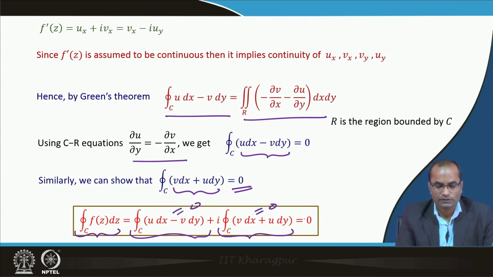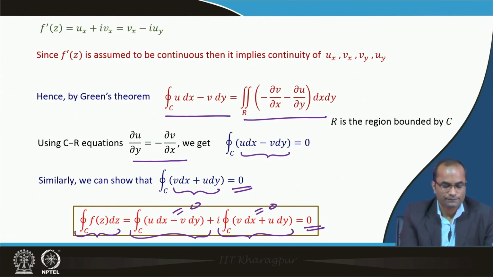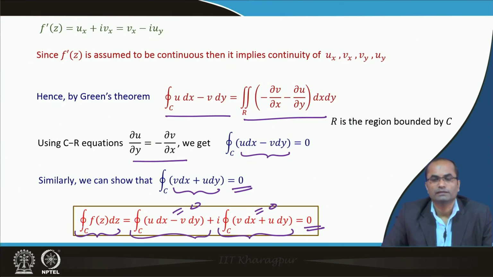So, therefore, this integral of f z dz over this C is equal to 0 if f z is analytic in a domain or on C and the domain enclosed by C. Then we have this result that the line integral of f z is actually 0.